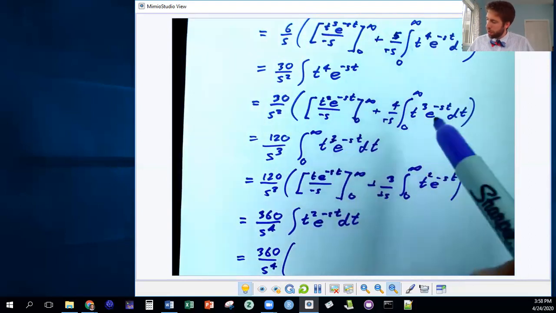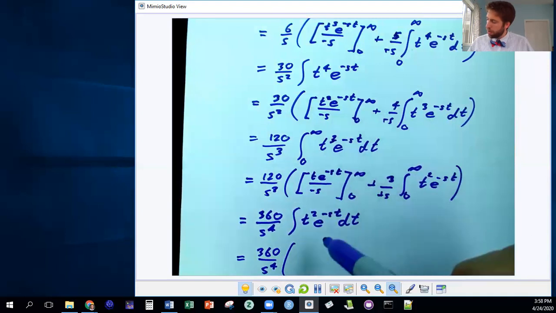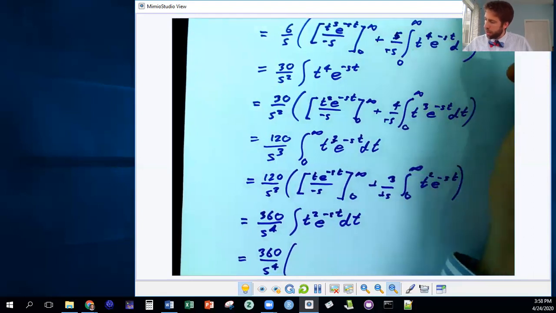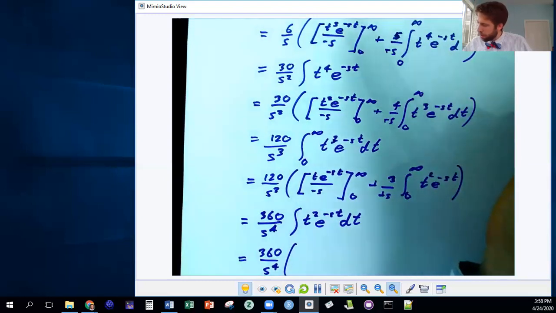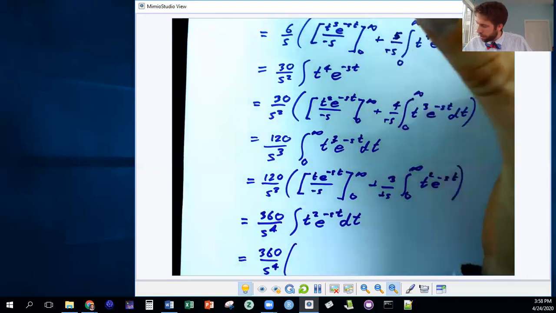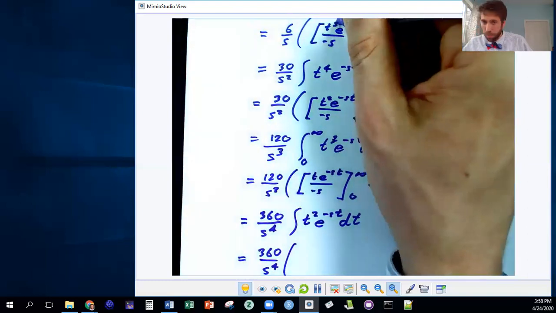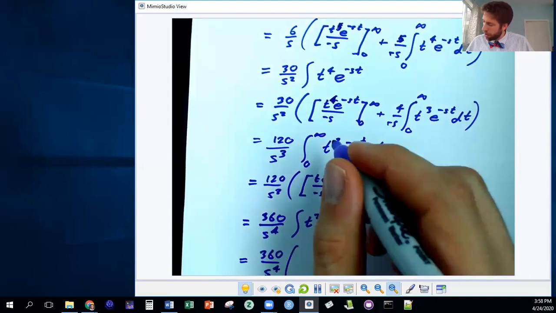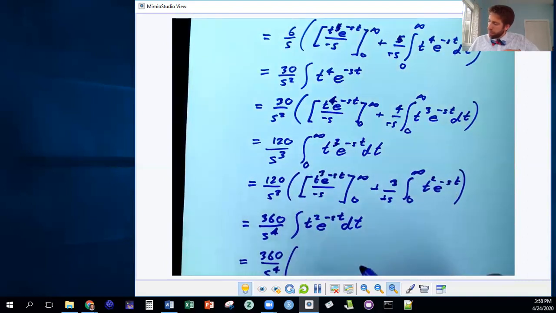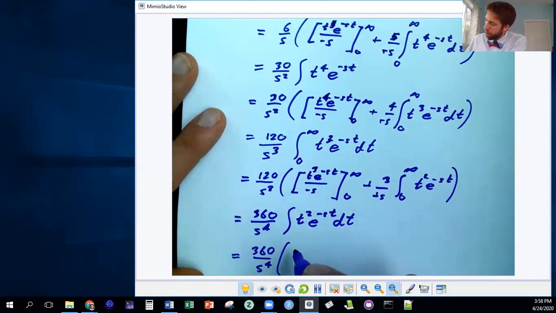So to the fourth, cubed, squared, simplified, because it's x to the n minus 1. These should be higher than that. This is t to the sixth. This is t to the fifth. Maybe that's just me misreading my own handwriting. Fifth, make this t to the fourth, which makes this t cubed.